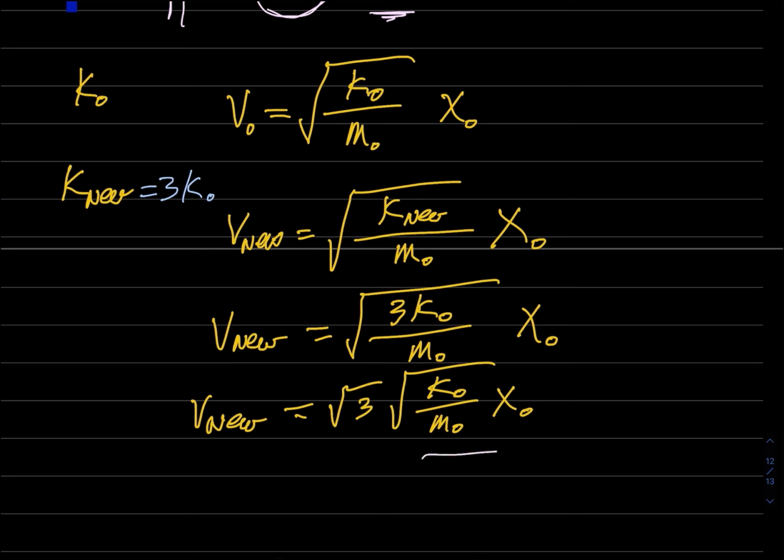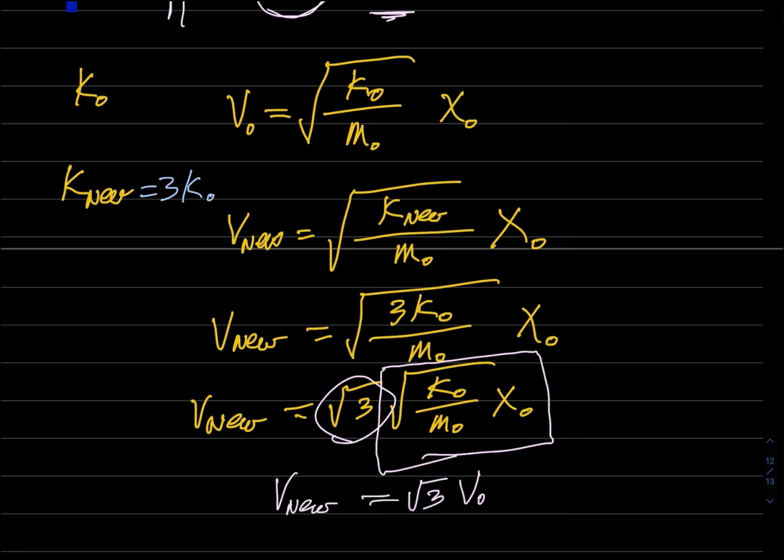And this right here is the old velocity. And this right here is the square root of 3. So the new velocity is the square root of 3 times the old velocity. And you should be this careful with all of your calculations, and you can do any kind of a problem.